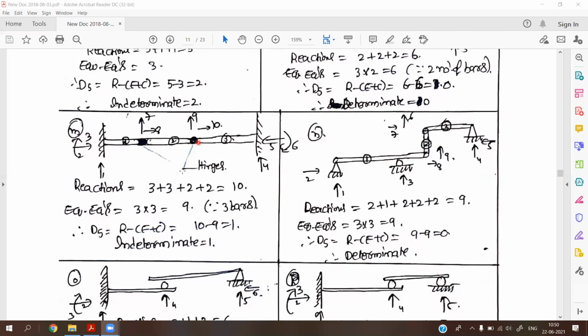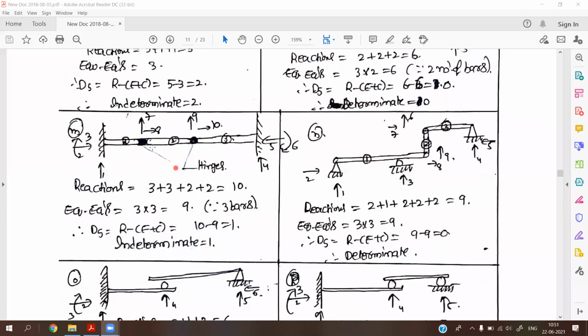For equilibrium equations, generally a single fixed beam has only three, but due to the presence of hinges it divides into more beams. Here one hinge, and here also one hinge, and each hinge divides the beam into two beams. So we have one, two, three, three beams, so three bars with three equilibrium equations each. So 3 threes are 9, and 10 minus 9 means this is indeterminate of degree 1.